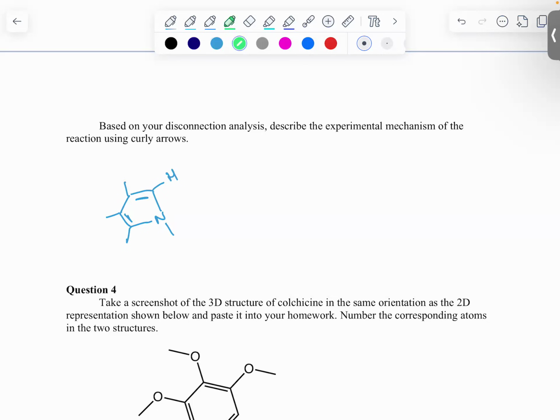And so we want to start with electrons. We have that lone pair on the nitrogen, which can move all the way about the ring to where we then get a nucleophilic double bond that can attack our cation. So that gives us this intermediate.